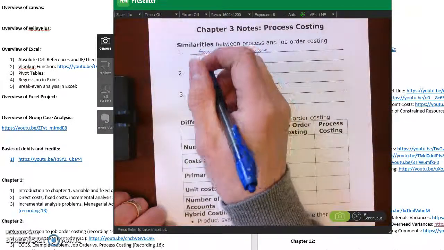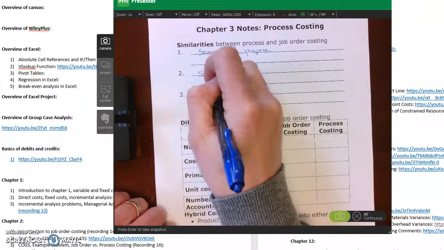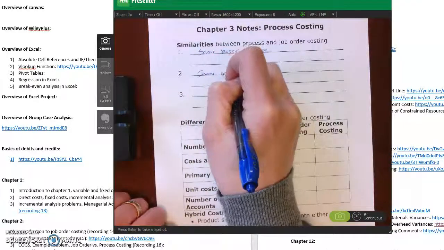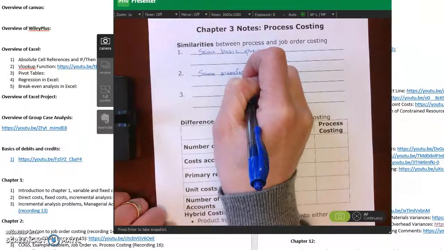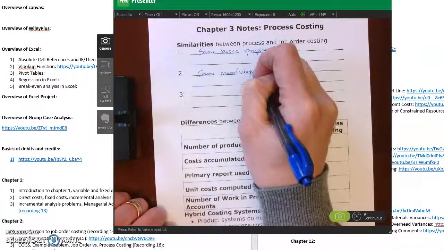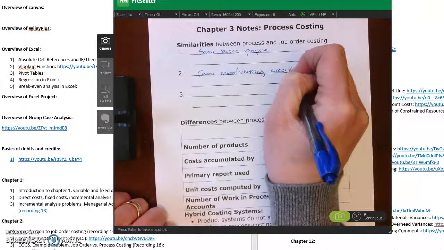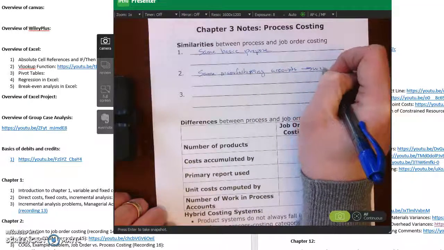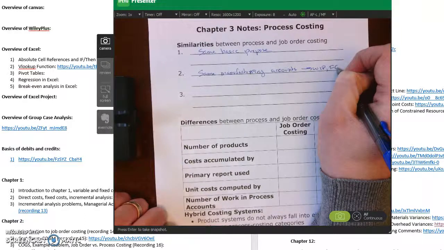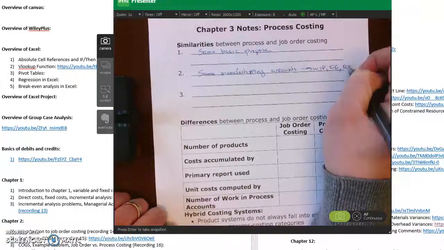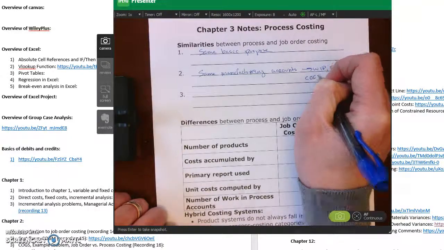The second similarity is the same manufacturing accounts. Remember, we have WIP, work in process, finished goods, FG, we have raw materials, RM, and we have cost of goods sold.